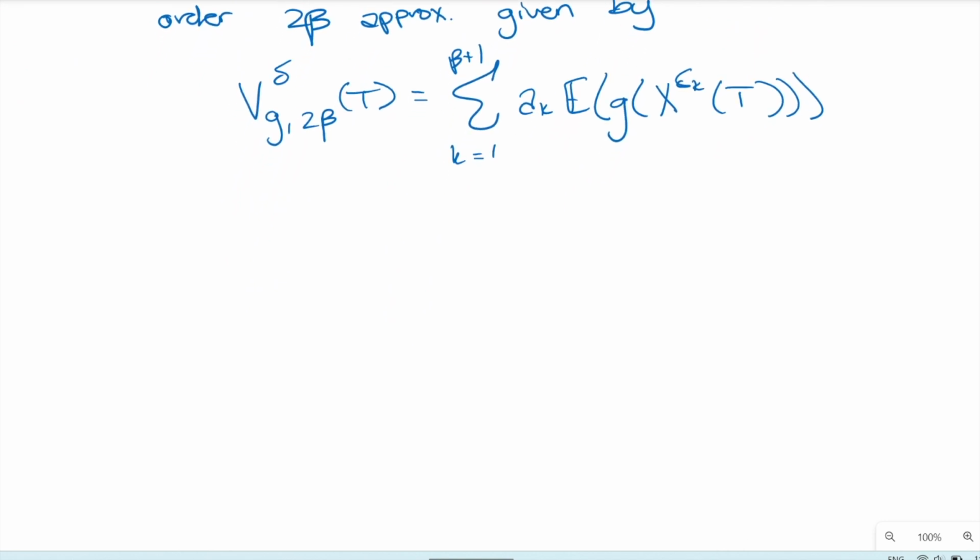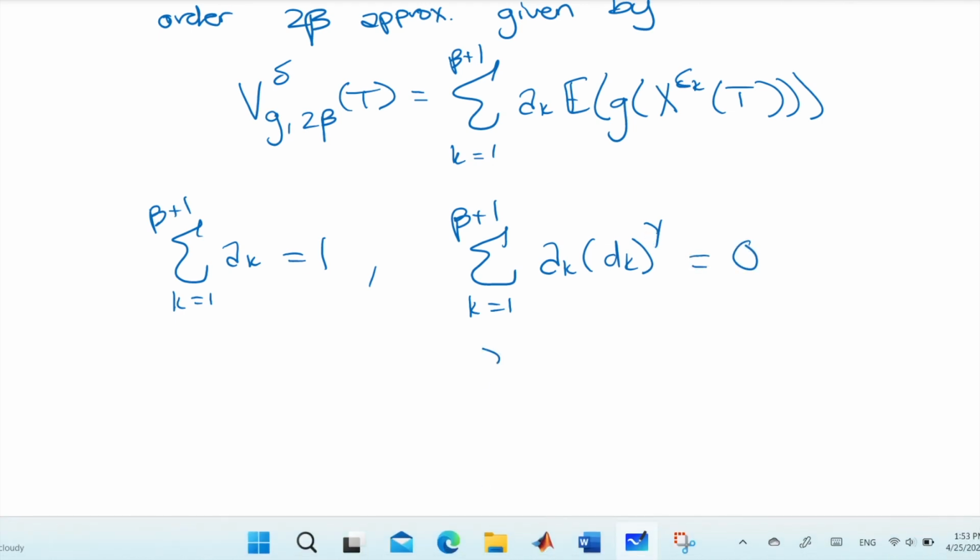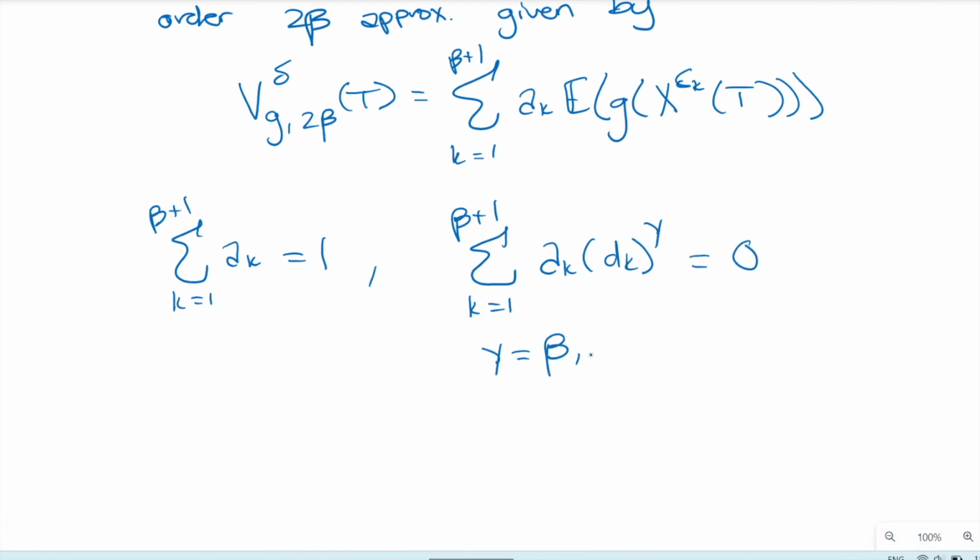Where the aks are defined to be any sequence such that the sum of the aks is 1, and we have this relation: the sum of ak times dk to the gamma is 0 when gamma is some multiple of beta.